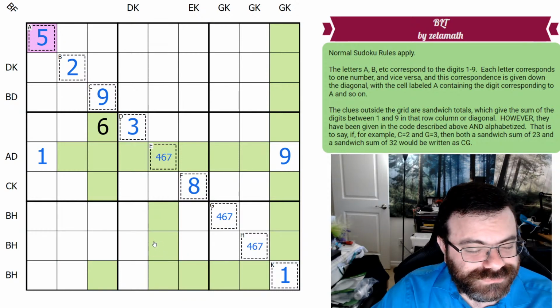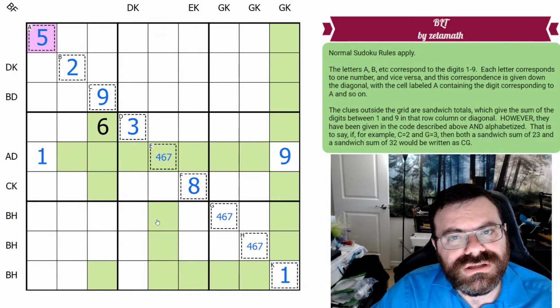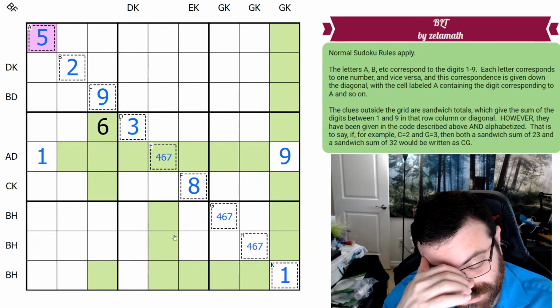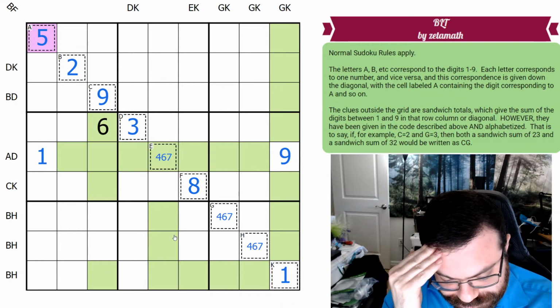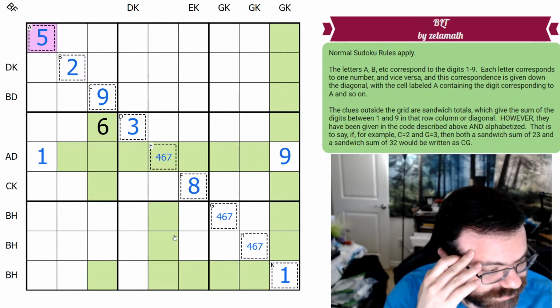Or sorry, wait, what was I thinking? I was thinking 27 was max, but actually 26 is max. It's 5, 6, 7, 8. I had done 6, 7, 8, and then I had added 6 again to it. So 26 is the max.